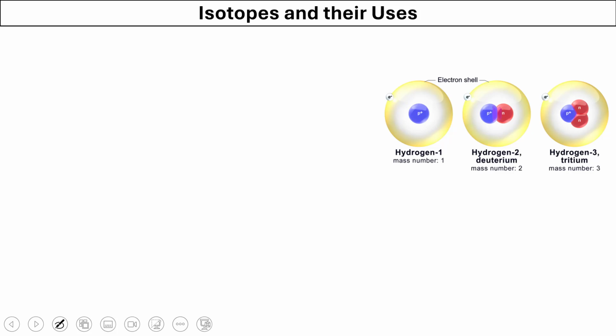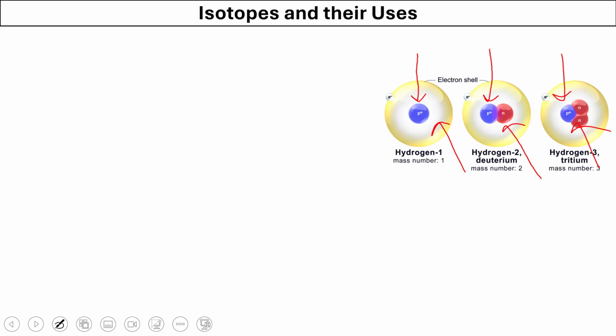So the number of protons is the characteristic of the atomic number, and atomic number is the characteristic of an element. If you know there is one proton, that will always mean hydrogen. So here in all three situations you have one proton, but then you have different neutrons. For example, no neutron here, one here, two here.